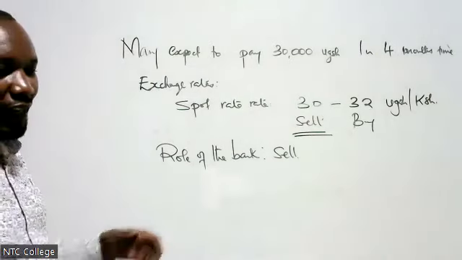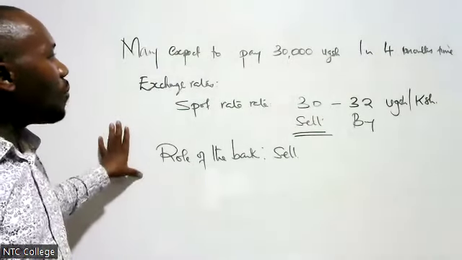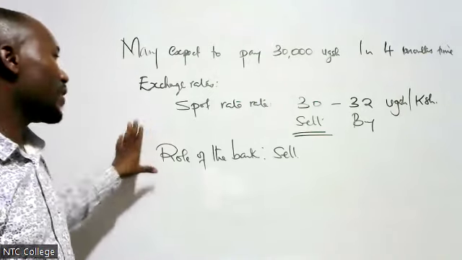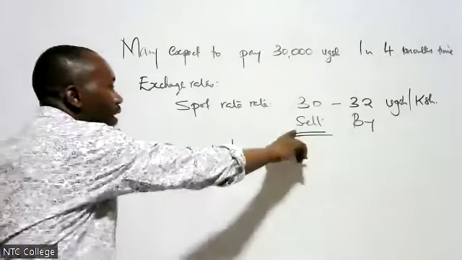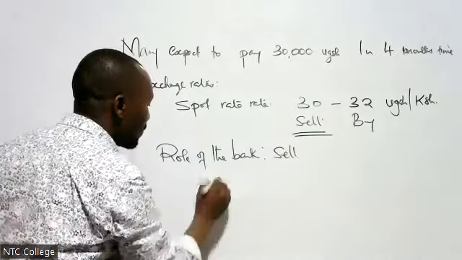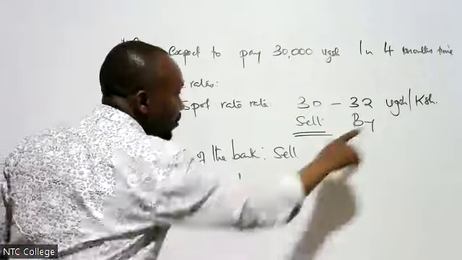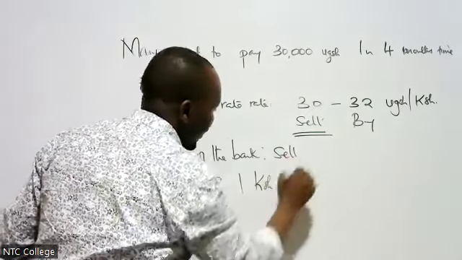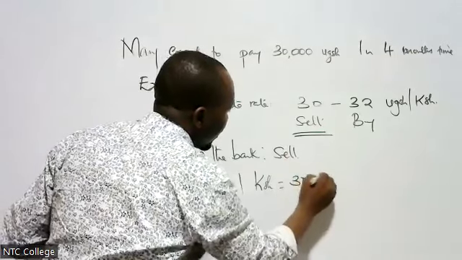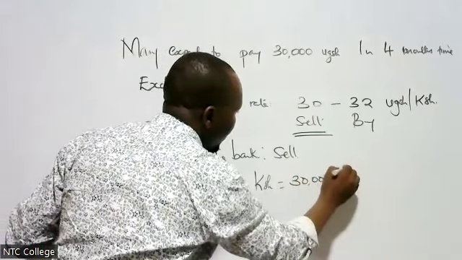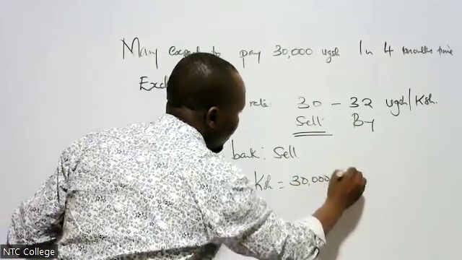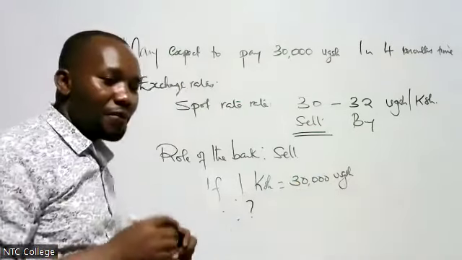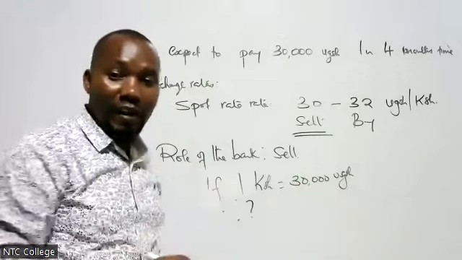So the examiner can now proceed and ask you, how much is Mary going to pay in Kenyan shillings? Now you know the exchange rate, and she is paying in Uganda, so you say that if 1 Kenya shilling is equal to 30 Ugandan shillings, therefore, how much does Mary have to take to the bank?